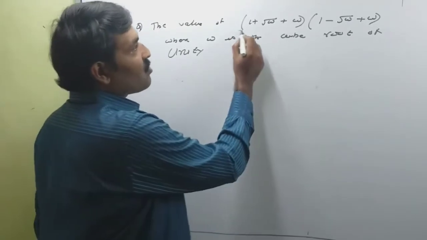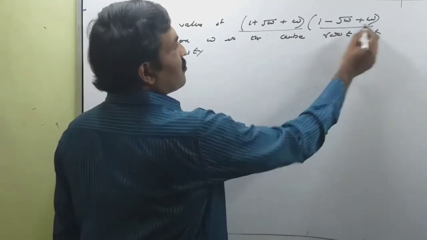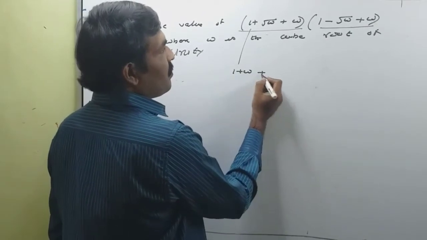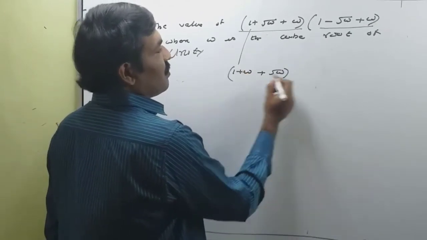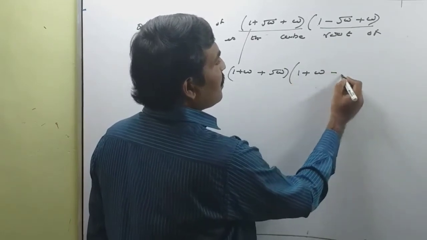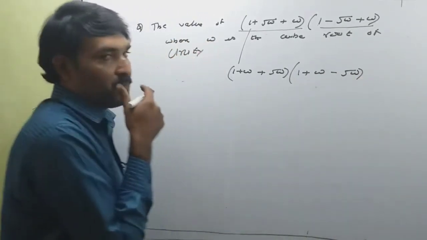So we have 1 plus omega and 1 minus omega. So we can write this as 1 plus omega plus root omega into 1 plus omega minus root omega.